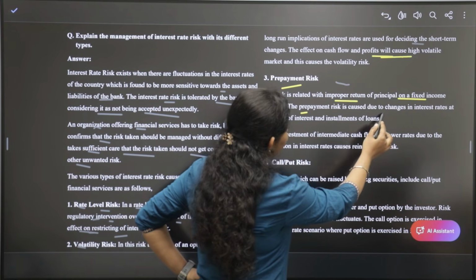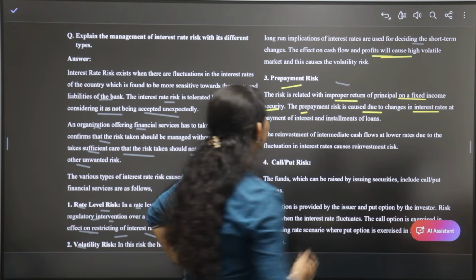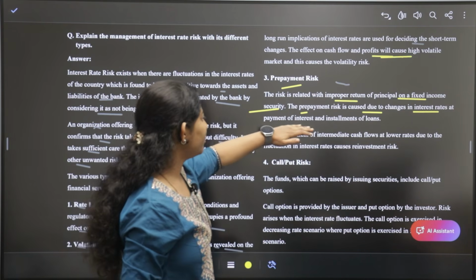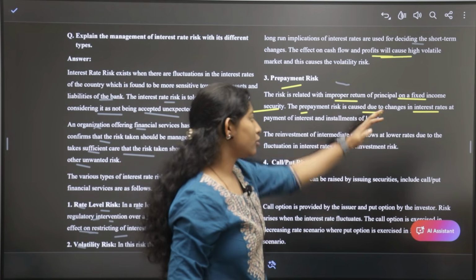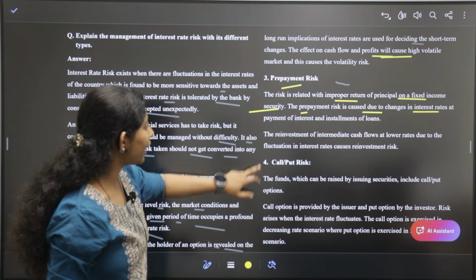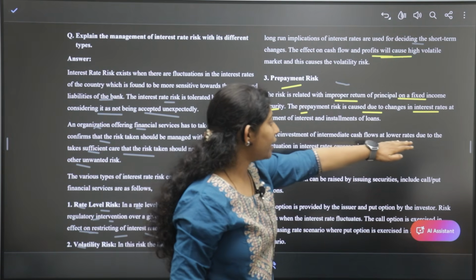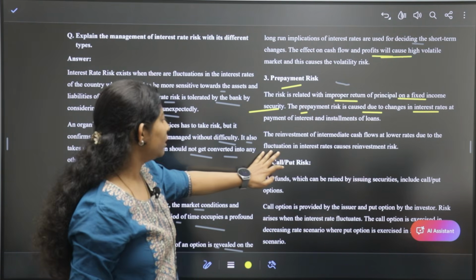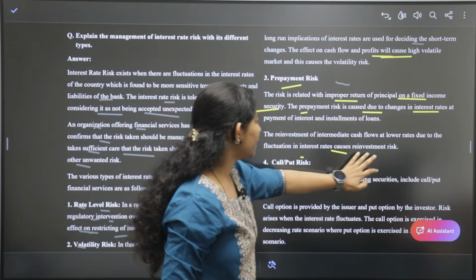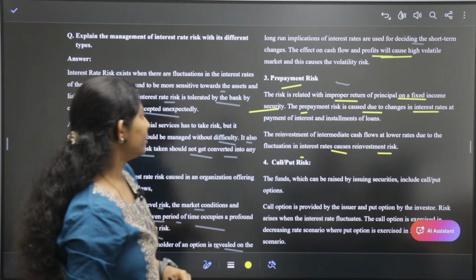Prepayment risk is caused due to changes in the interest rate at the payment of interest and installments of loans. Next, the reinvestment of intermediate cash flow at a lower rate due to fluctuations in interest rate causes reinvestment risk.